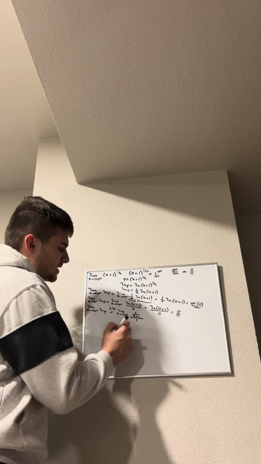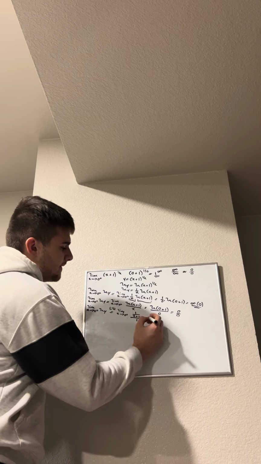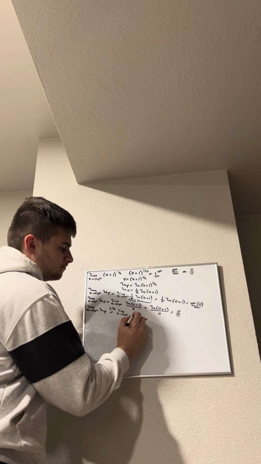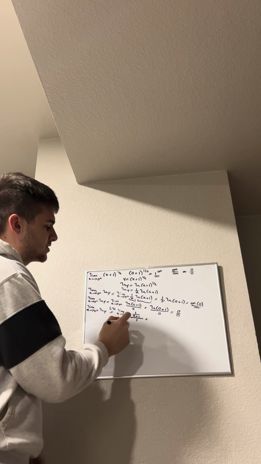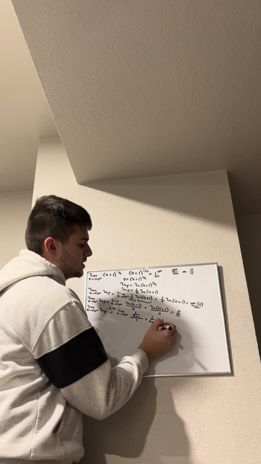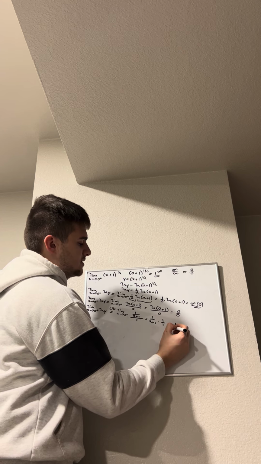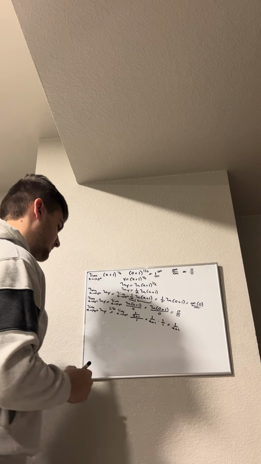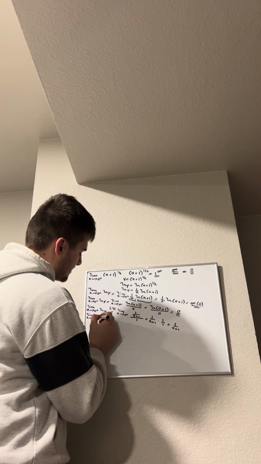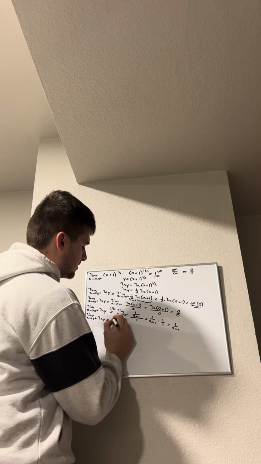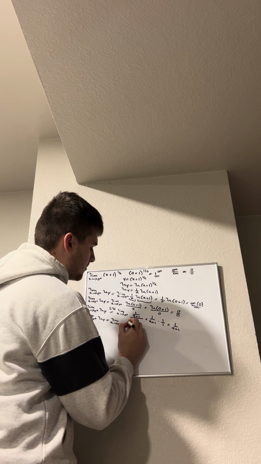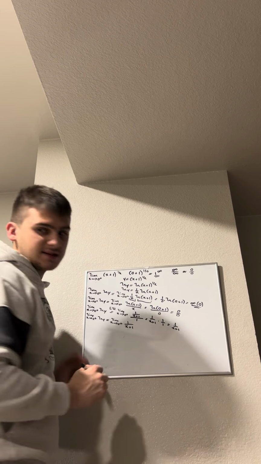We can rewrite this by applying copy dot flip. We copy this, 1 over (x + 1) times 1 over 1, which just equals 1 over (x + 1). So we can rewrite this as the limit as x approaches 0 positive of ln of y equals the limit as x approaches 0 positive of 1 over (x + 1).